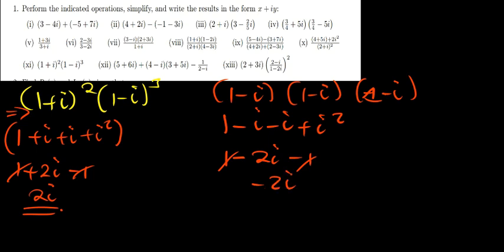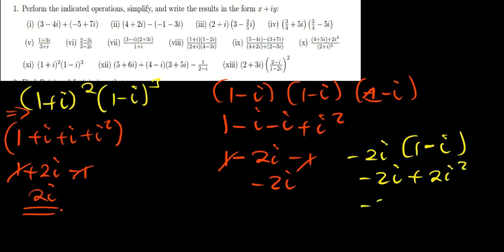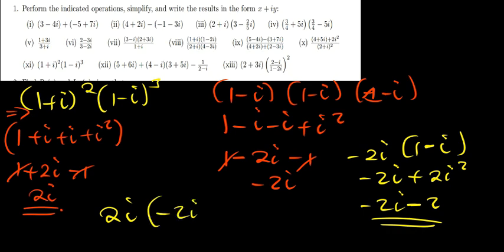So now I have negative 2i times (1 minus i). So negative 2i times 1 is going to be negative 2i, then this will be plus 2i squared. So it will be negative 2i minus 2. Now I need to multiply, so it's like I have 2i times (negative 2i minus 2).